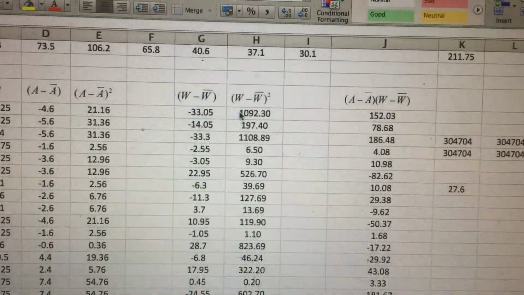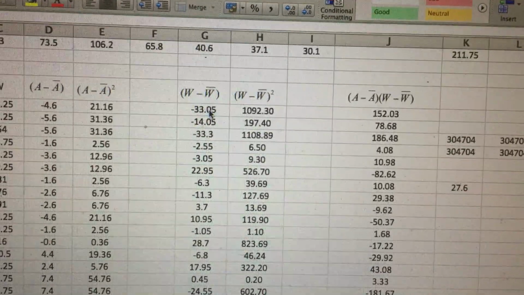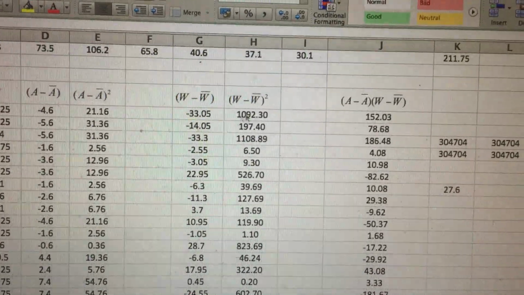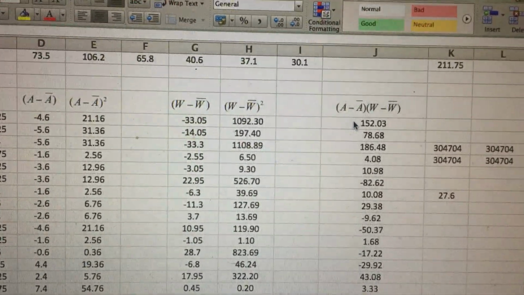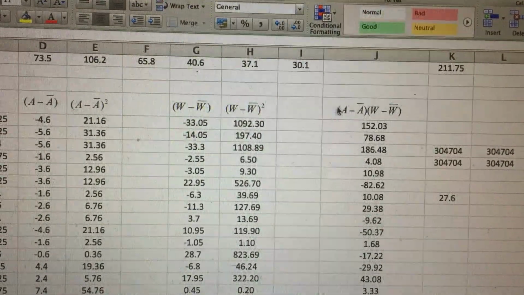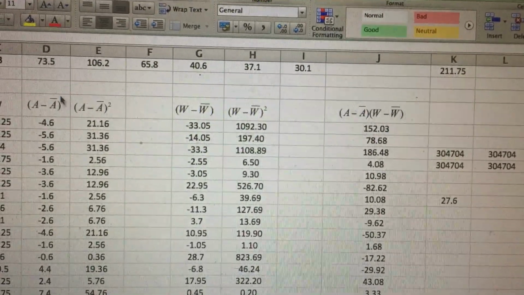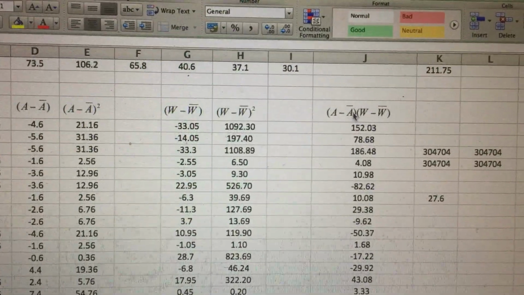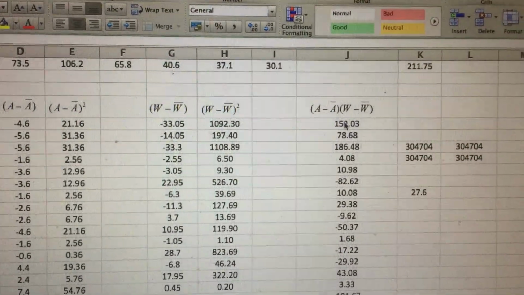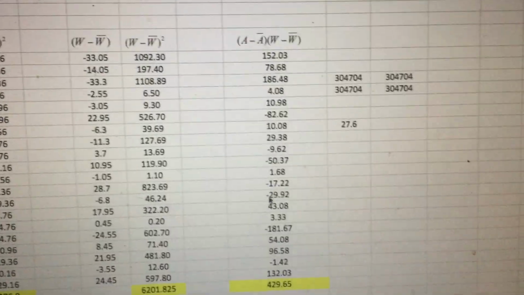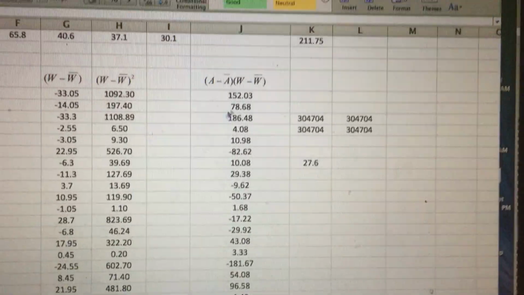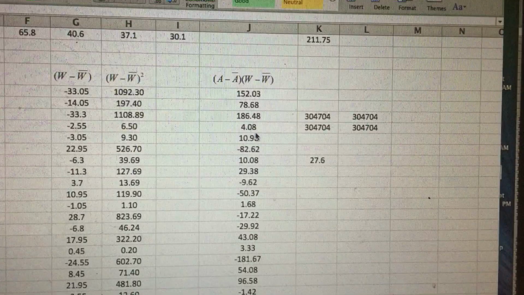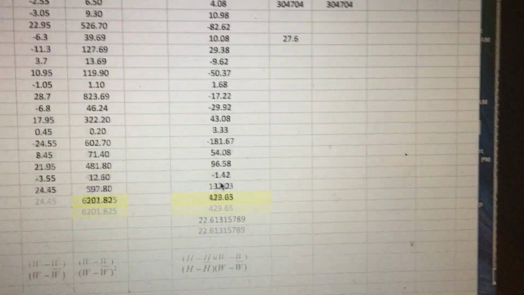And then we did the same thing for the weight minus the weight's mean, 33.05, and we had to multiply them by each other. We took this answer and this answer and multiplied them. We followed this formula here. Then we get the sigma of all of the answers for every single one of these sections, 20 times.